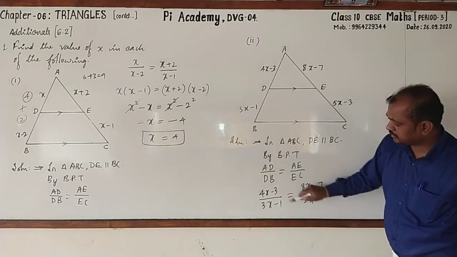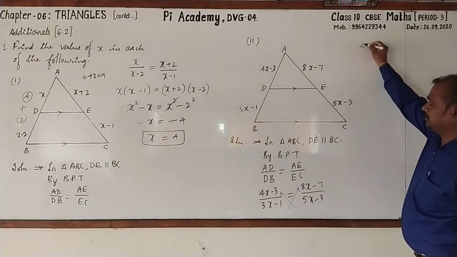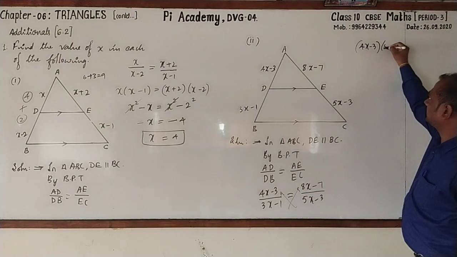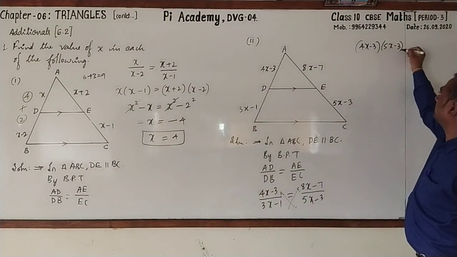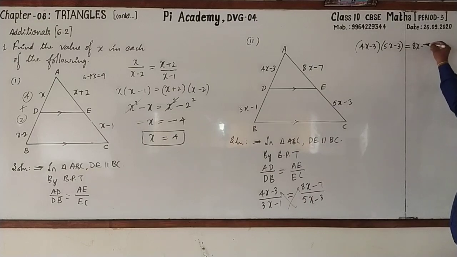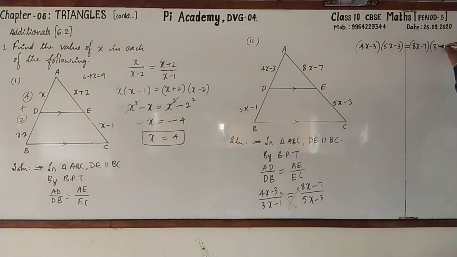How? By cross multiplying. On the LHS, 4x minus 3 as it is. On cross multiplying, you can write into 5x minus 3, which is equal to the RHS, 8x minus 7 into 3x minus 1. Followed.